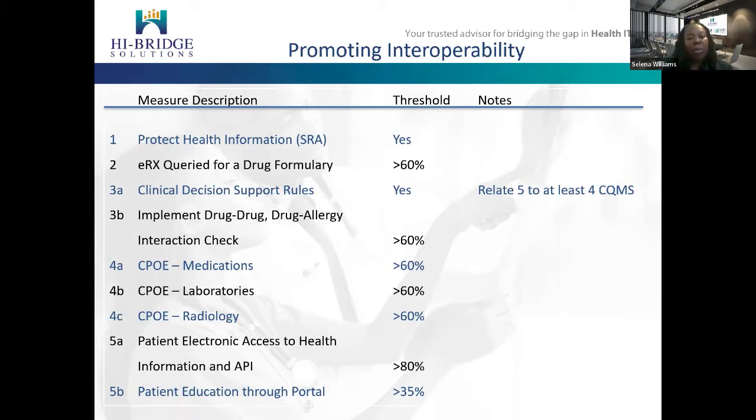But with the API, we want to make sure that the providers are giving their patients the documentation to access any API that's compatible and available to them through their EHR. This is very important. We've had providers being audited because they did not provide this information. So it's very important that you are giving this information to your patients when they come into the office to be seen.